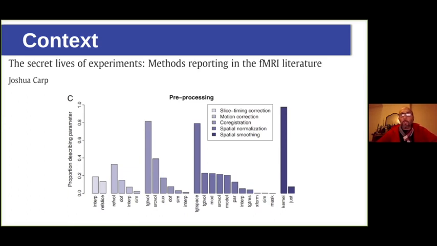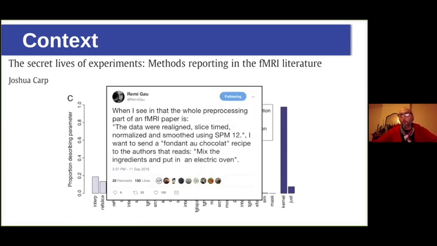So what we all do when we get annoyed is take it to Twitter. One day I just had enough after reading one of those papers, and I posted: when I see that the whole pre-processing part of an fMRI paper is "the data were realigned, slice time corrected, normalized, and smoothed using SPM12", I feel like I want to send an email to the author, sharing my recipe for my best chocolate cake ever, and just telling them the recipe is to mix the ingredients and put it in an electric oven.